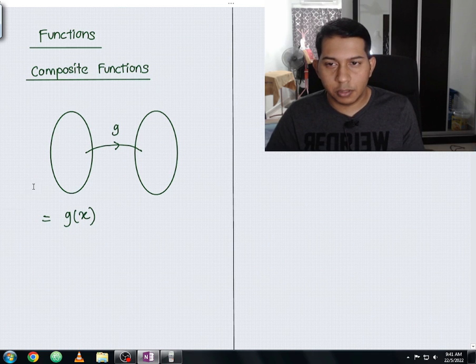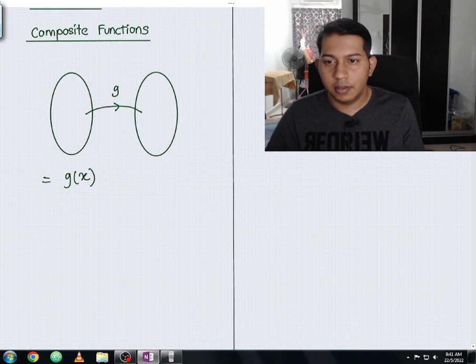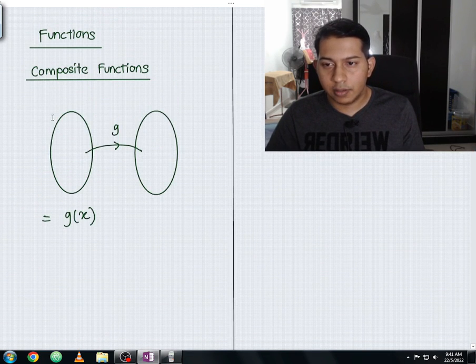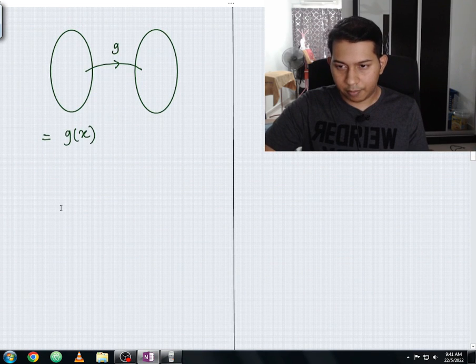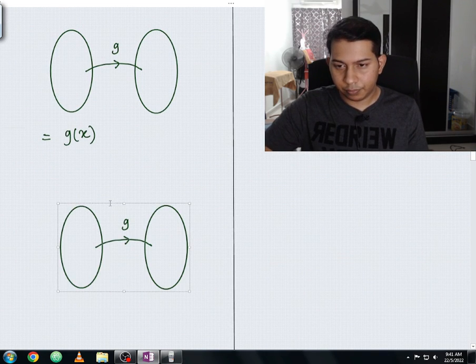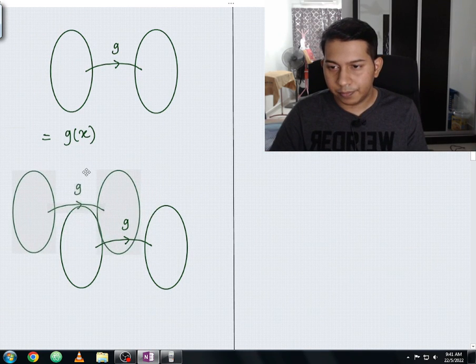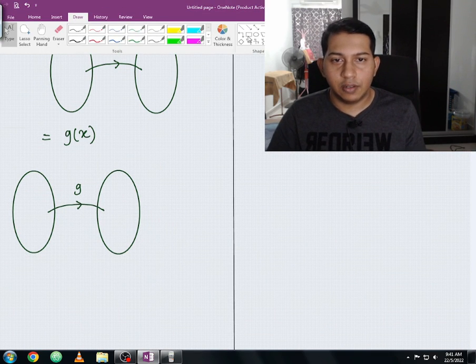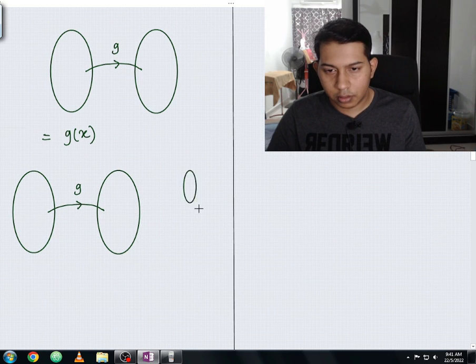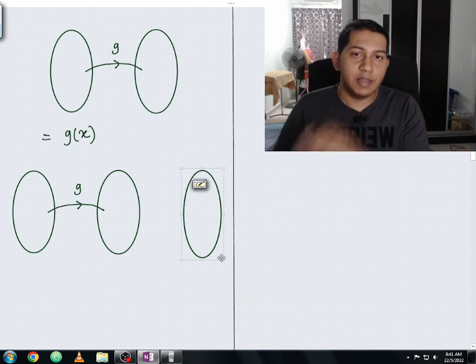Okay, so let us proceed to the composite function concept now. What I'm going to do is copy paste this and paste it over here. Let me move this, and let me draw another set of oval shape which indicates that there is going to be another function.